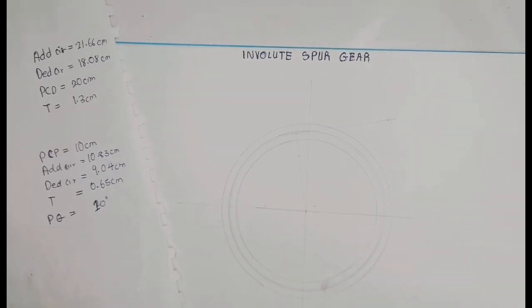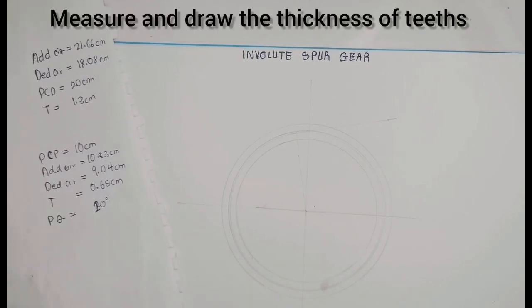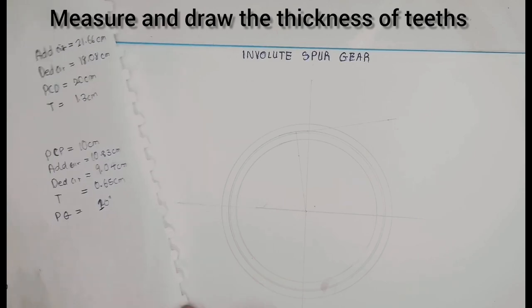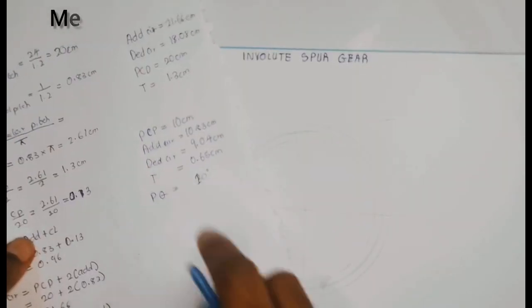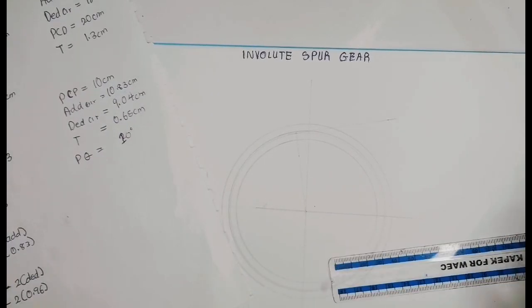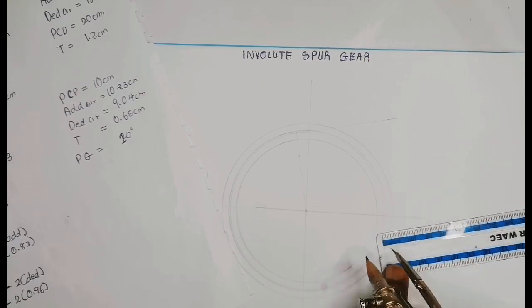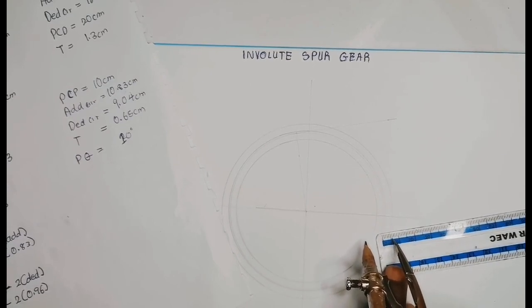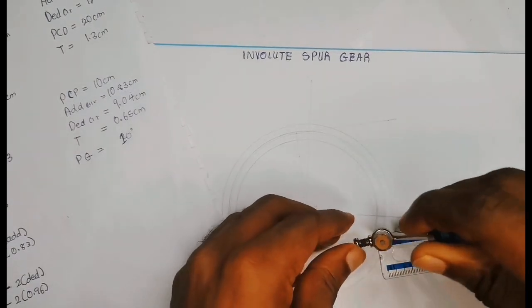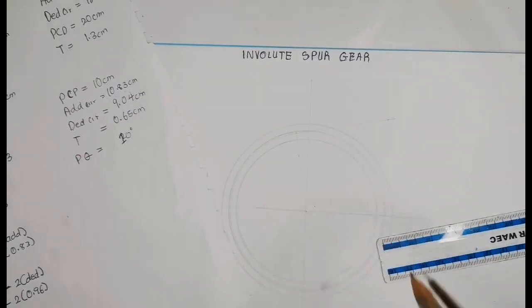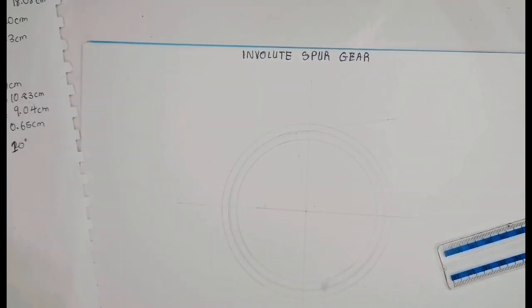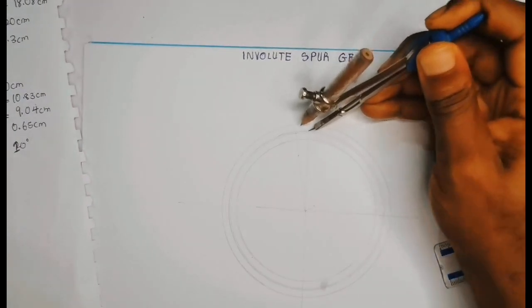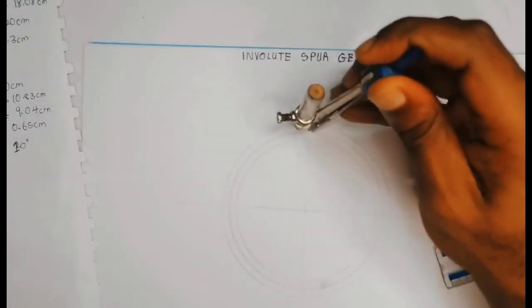Alright, so after this we measure the thickness. The thickness here is given to us as 0.65. Then we measure it on our meter rule. 0.5, 0.6. 0.65 is in between 0.6 and 0.7. So from the PCD, we pin at this point from the PCD and cut it.